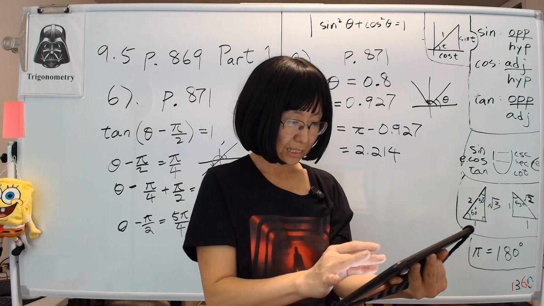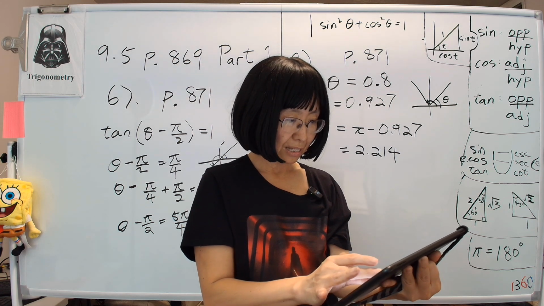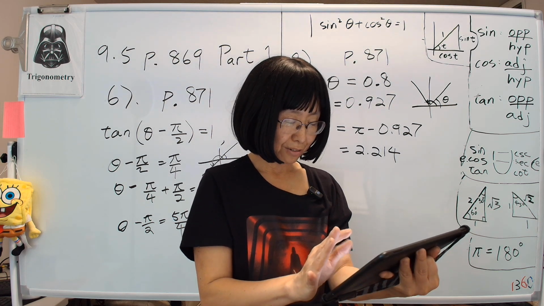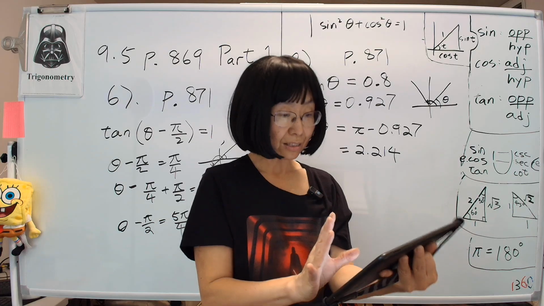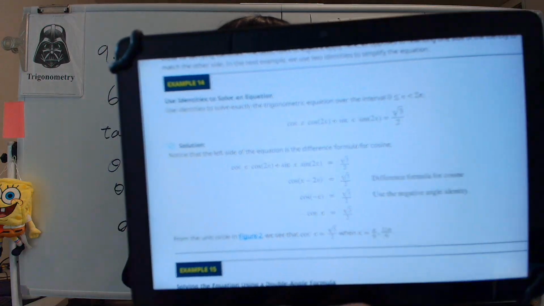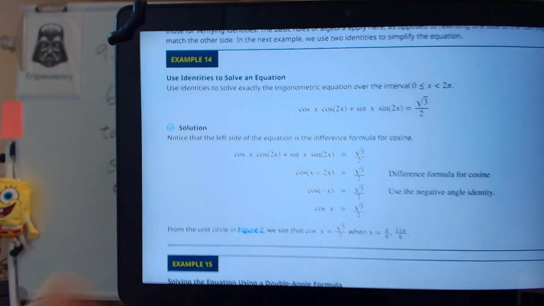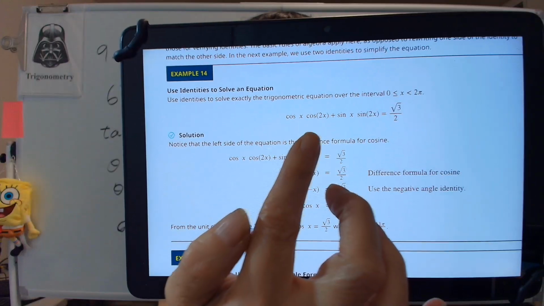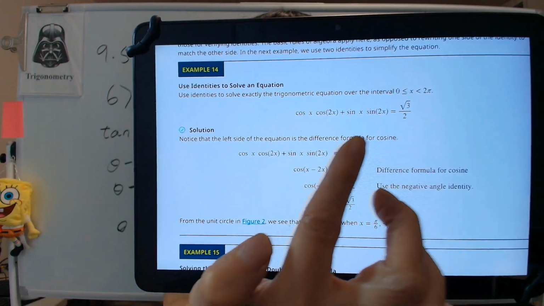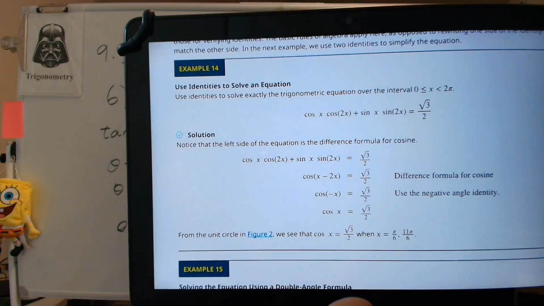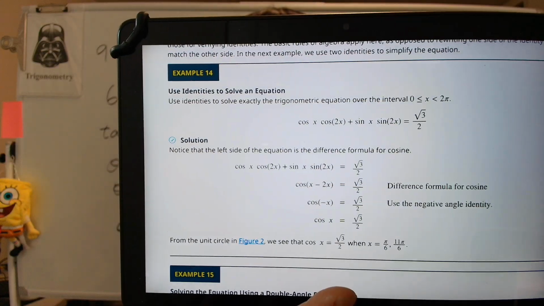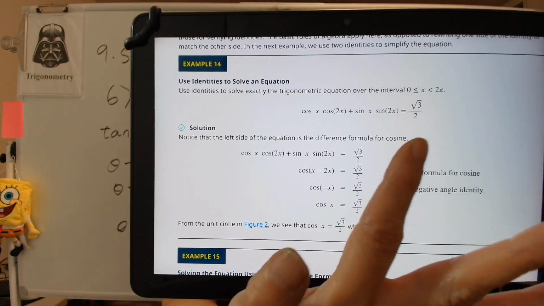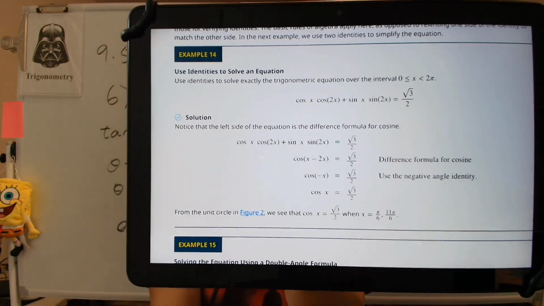Example 14 is, yeah. Now we have a weird looking thing. And not that bad, okay? And this is similar to what we did in the previous section. You have a cosine plus sine. And that satisfies one of the formulas, and that equals square root 3/2.